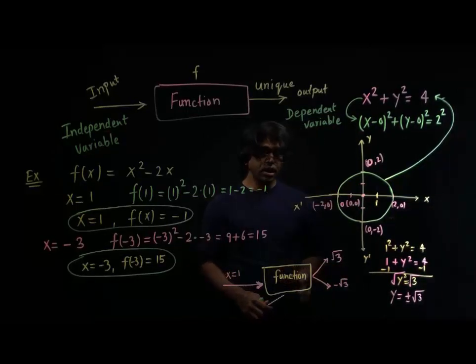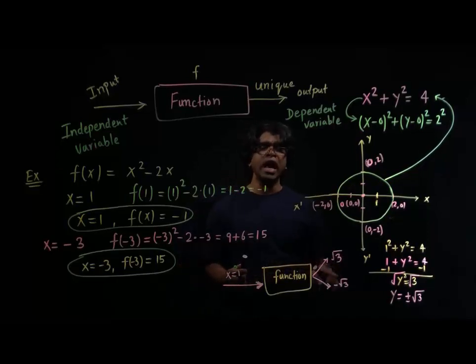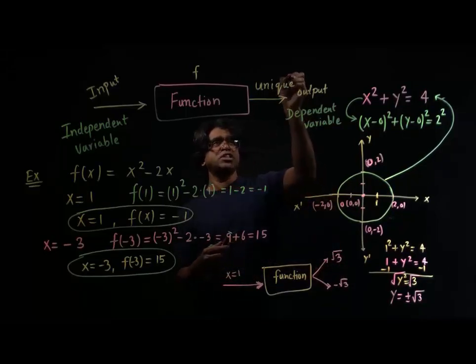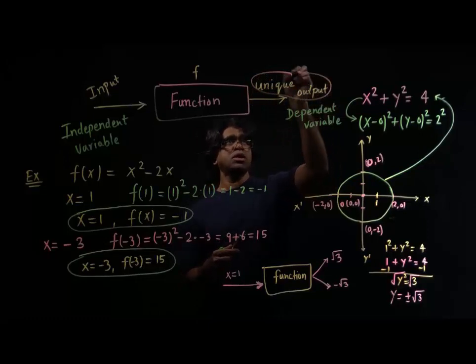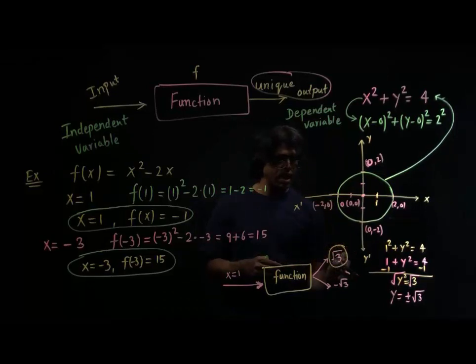Right? Is it a unique value? No. The reason why, because when I substitute the value of x as 1, I should get one and only one value, which is basically the definition of the function, which means what? Unique output. Is this the unique output? Look at this. Root 3 and negative root 3. This is not a unique output.